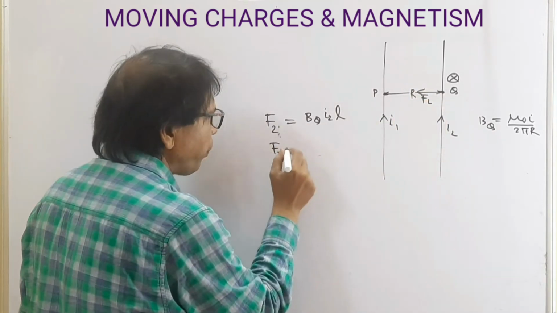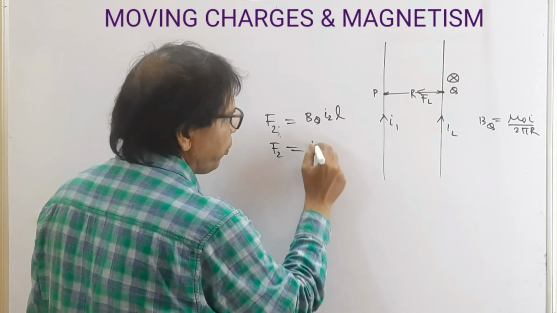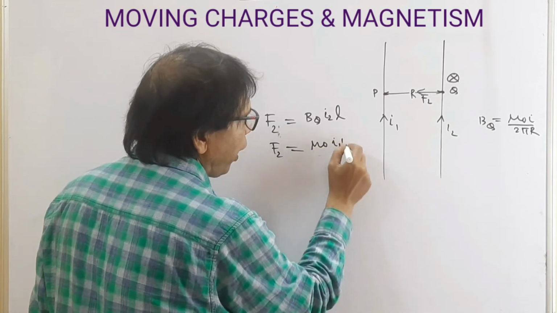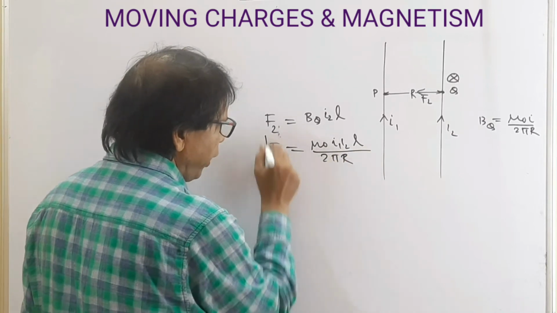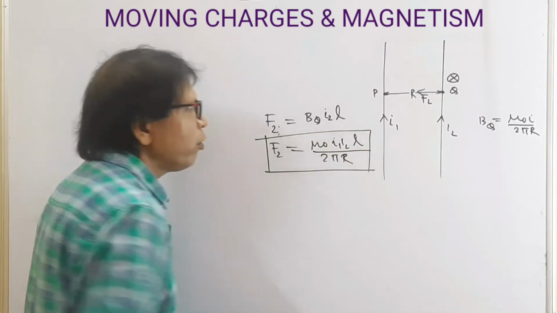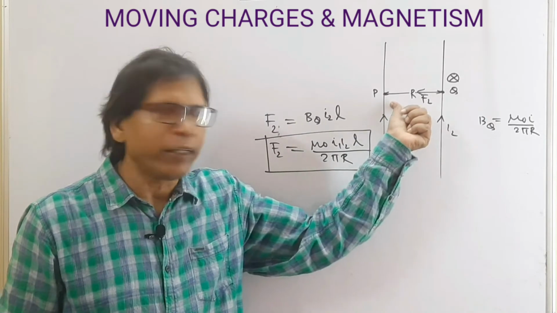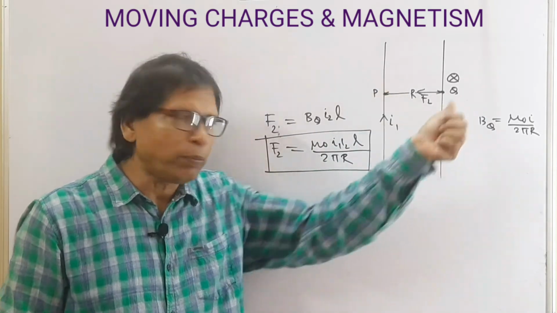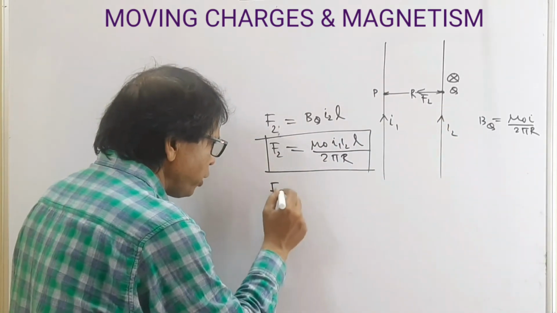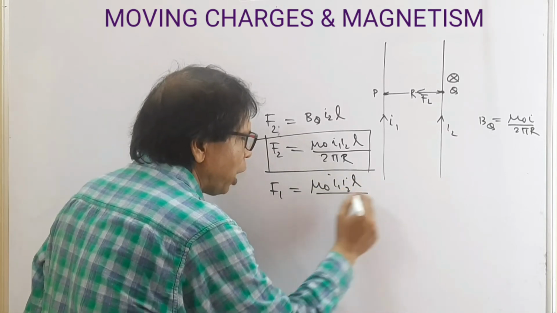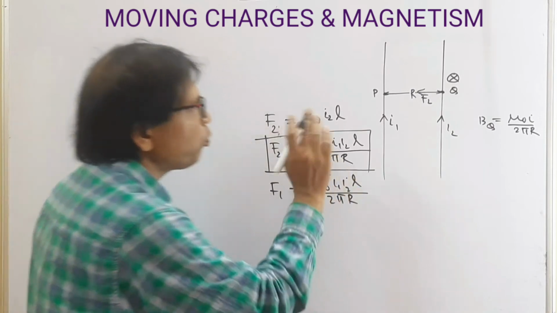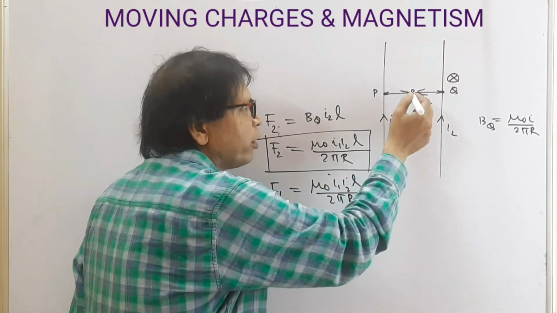Now F2 equals mu naught I1 I2 L divided by 2 pi r. In the same way, the force experienced by this conductor in this magnetic field, F1, is equal to mu naught I1 I2 L divided by 2 pi r, and this force is directed in this direction.